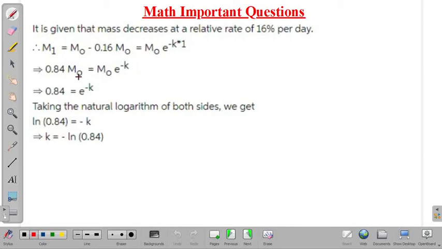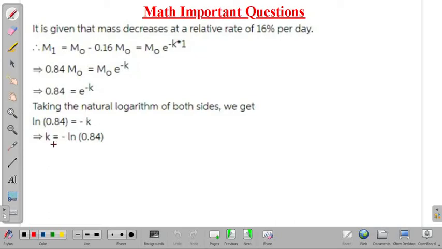Therefore m0 cancels from both sides and we get 0.84 equal to e raised to the power minus k. Now taking the natural logarithm of both sides, since it is an exponential function, we get ln of 0.84 equal to minus k times ln of e, and ln of e is equal to 1, so directly we write minus k.